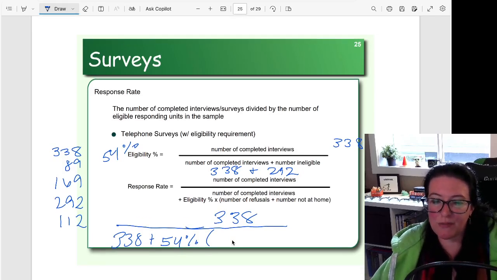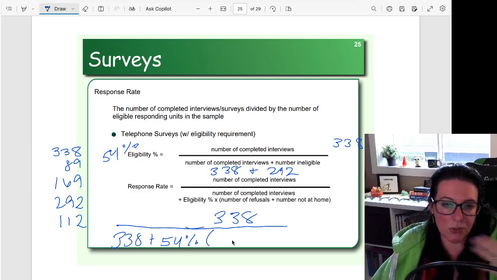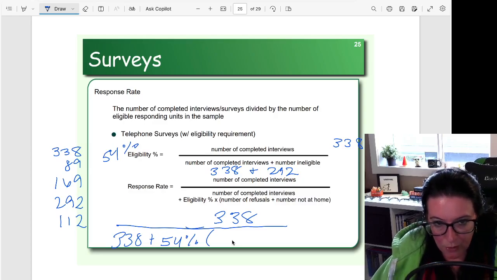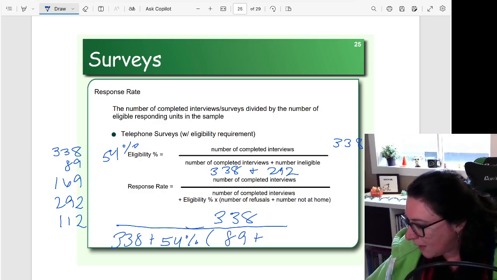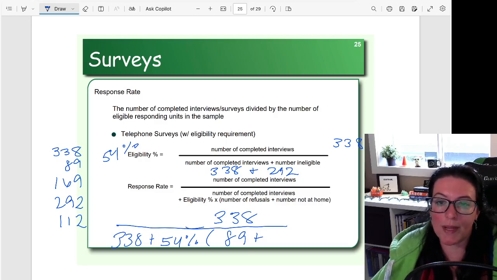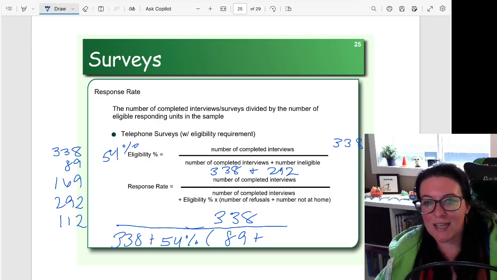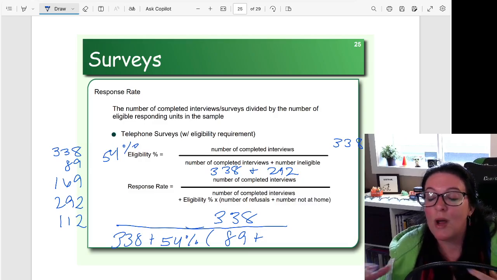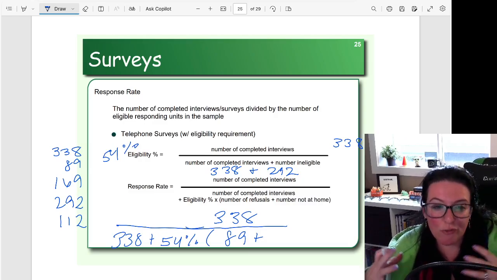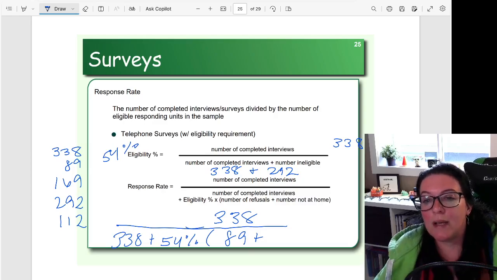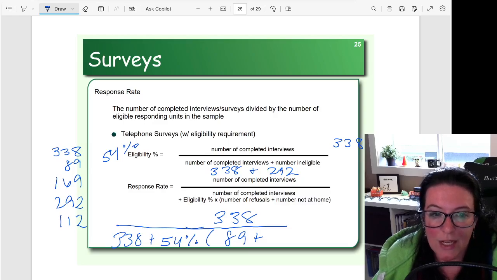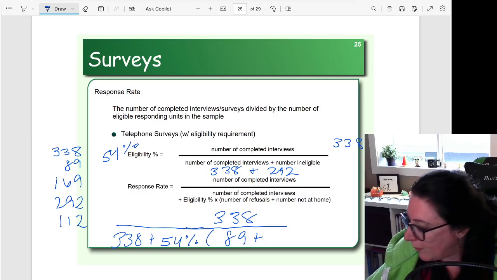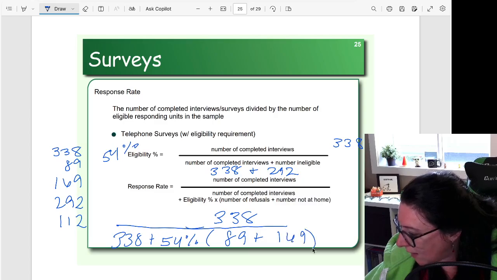So we take that 54% and apply it to the number of refusals, which here was 89, and the number not at home, because if we had gotten into contact with everyone who was not at home, we still wouldn't have gotten information from every single one of them, because only about 54% would have had the relevant knowledge. So we add the 169.